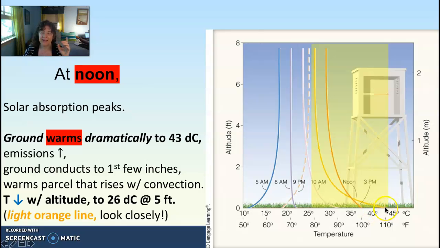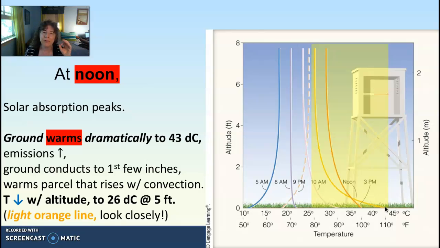And the temperature at the surface is at about 43 degrees Celsius, somewhere around 110 degrees Fahrenheit. It's moved about 50 degrees Fahrenheit in 7 hours due to that absorption and that radiant energy in.